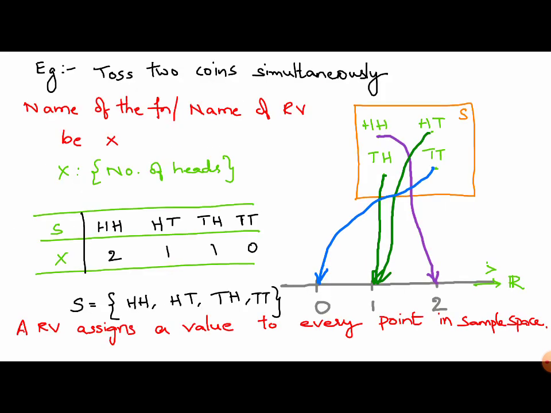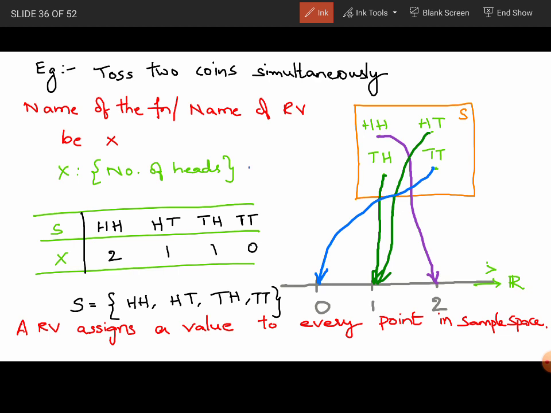Now, defining X as the number of heads and looking into the sample space, the first point HH has 2 heads, HT has 1 head, TH has 1 head and TT has 0 heads.